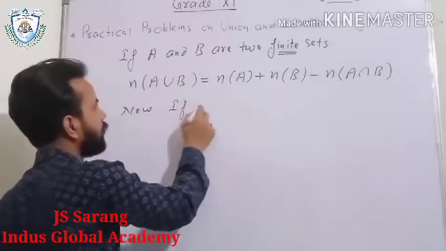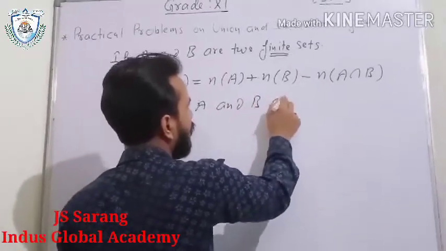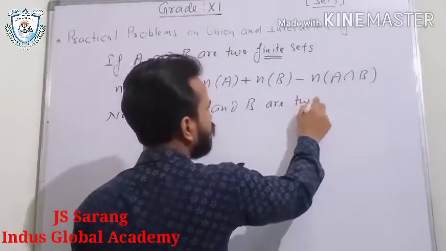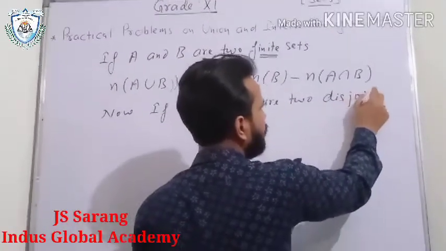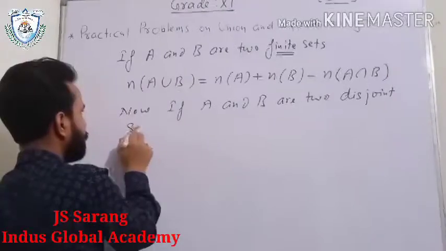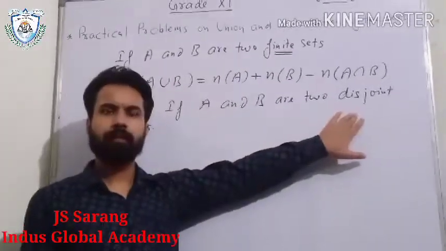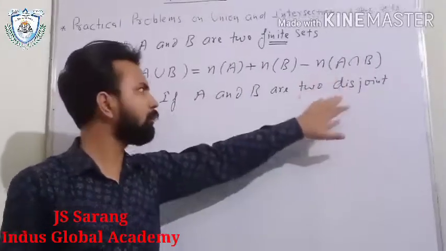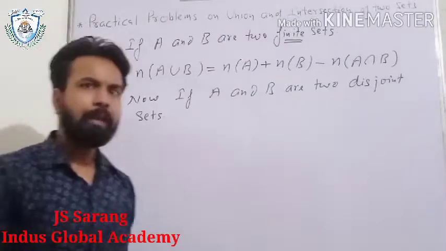Now, if A and B are two disjoint sets, do you know the meaning of disjoint sets? Okay, I am telling you.